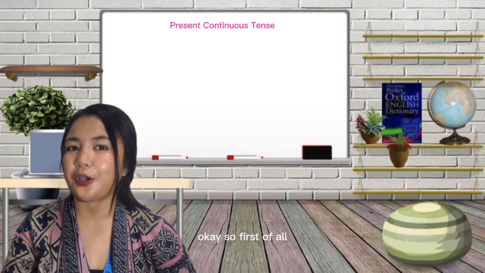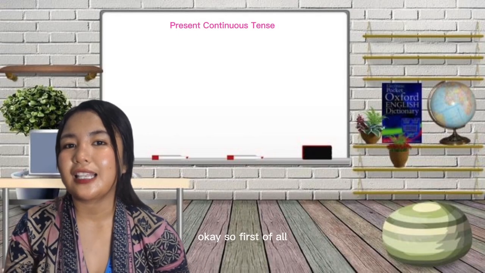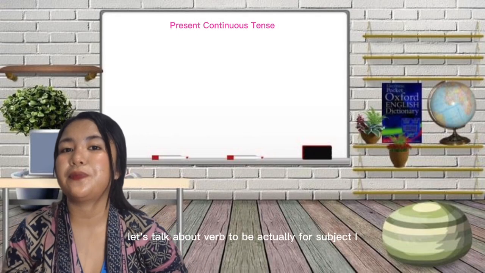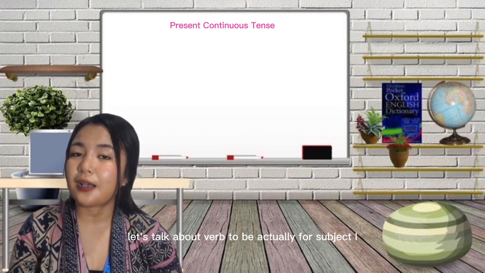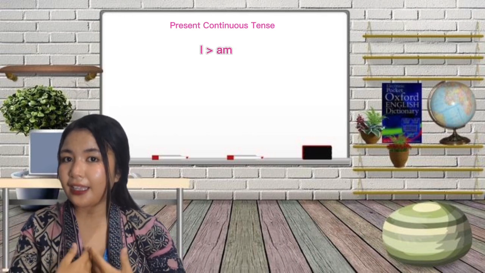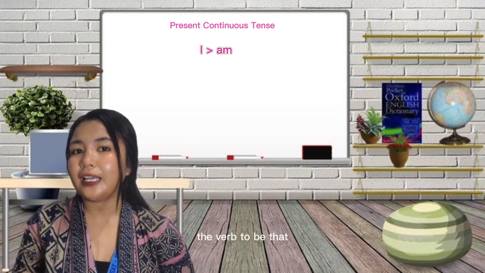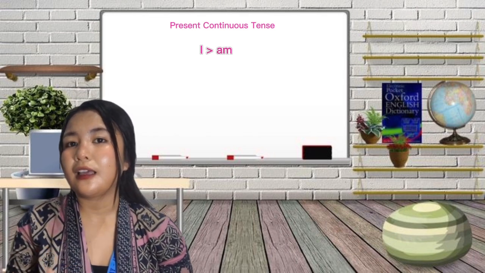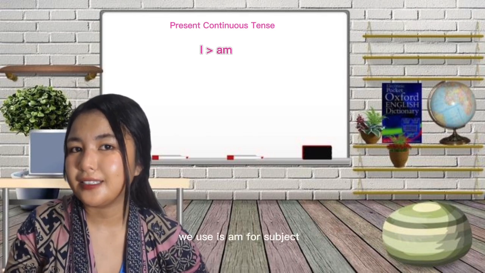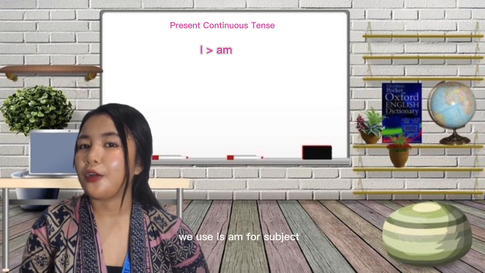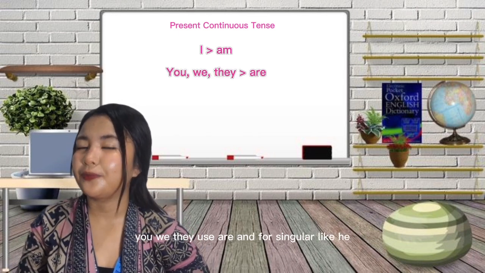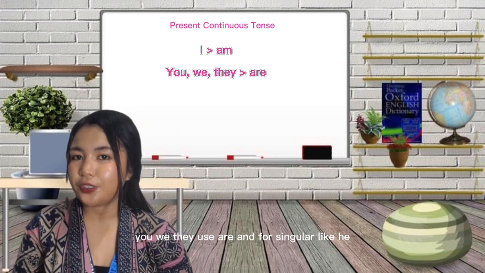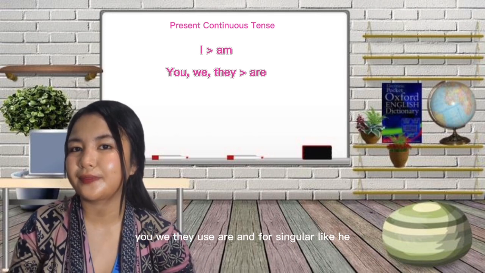Okay, so first of all, let's talk about verb to be. For subject I, the verb to be that we use is am. For subject you, we, they, we use are.